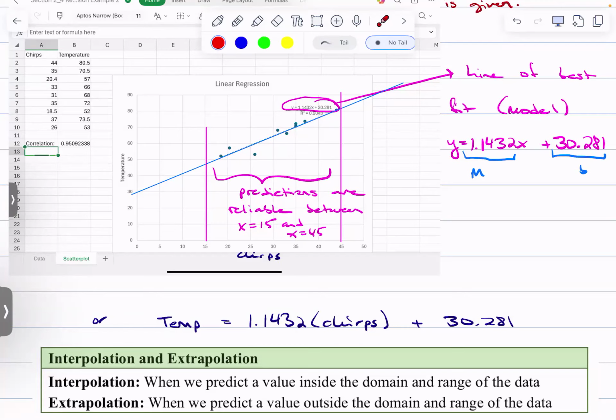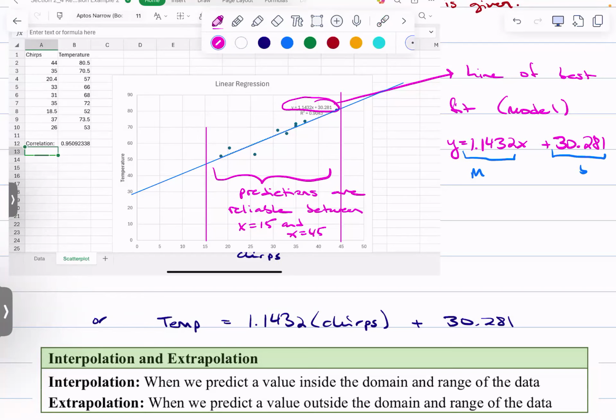The heights of children steadily increase, but we know that at some point we stop growing. If you were to extrapolate and keep going with that line, you would get some insane predictions. They're predictions, yes, but they're unreliable, because you're extrapolating. So that's the reason.